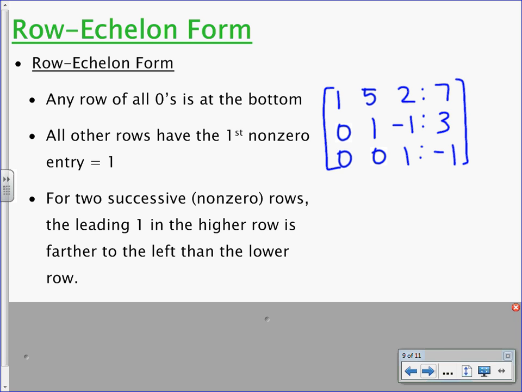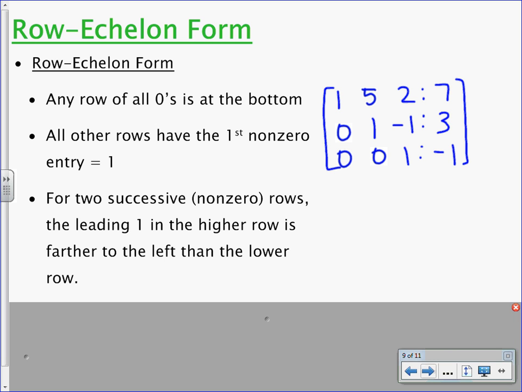This is a matrix in row echelon form. Okay. Notice how the first non-zero term is a 1, right?